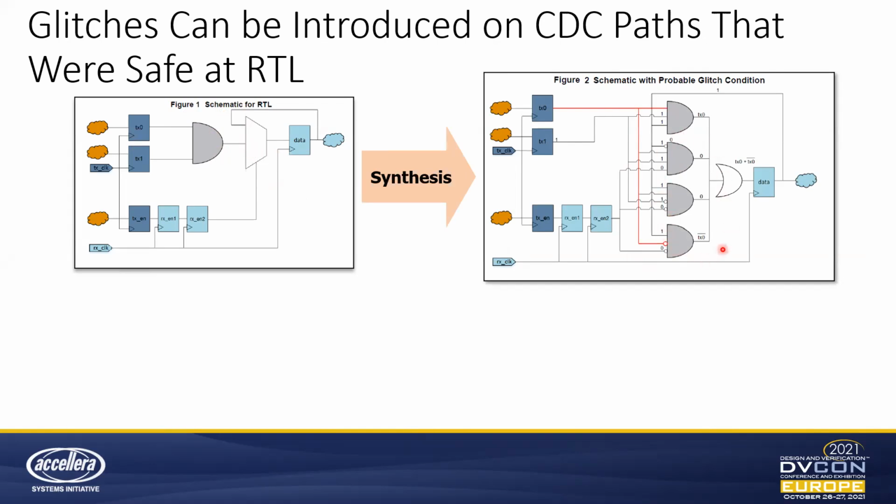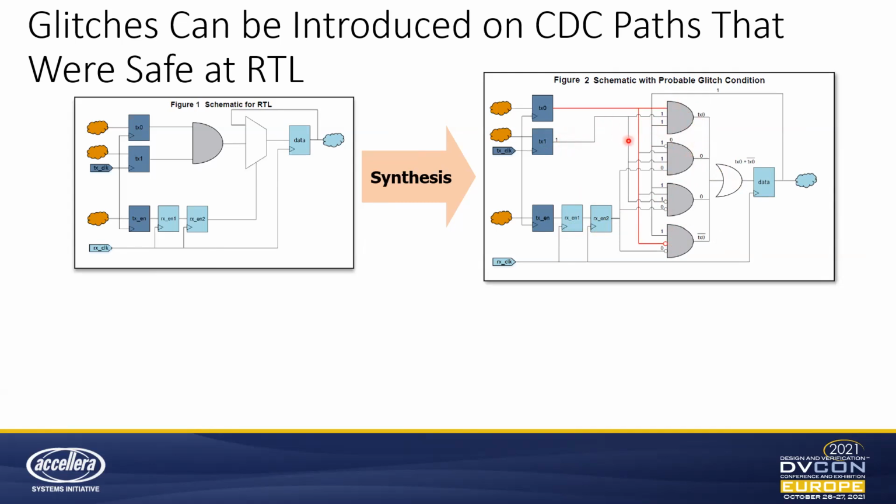Now consider this logic after synthesis, at the gate-level design. Here we can see that if TX1 is at value 1, and the select line of the demux crossing, that is the enable logic, is held at value 0, you can see the outputs of these AND gates written down here.